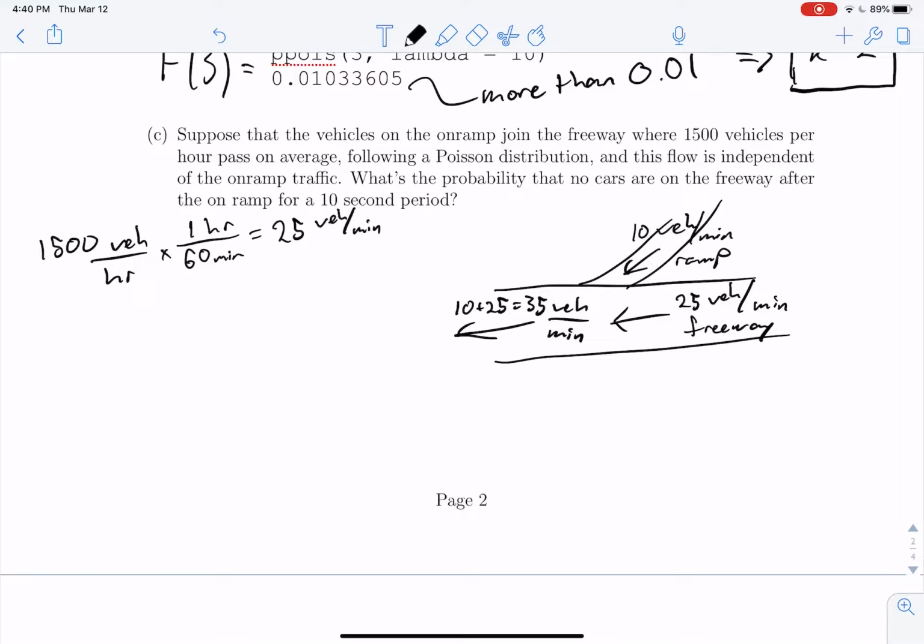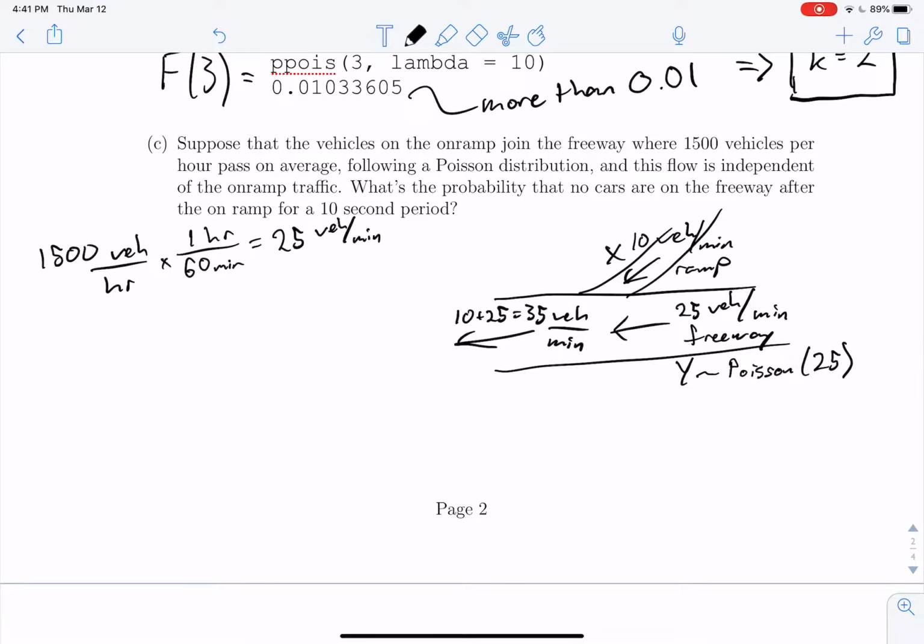So the thing here is if we had this equal to x, and if this distribution was equal to y, and this is Poisson 25, and x was Poisson 10, then over here we got z equals x plus y.